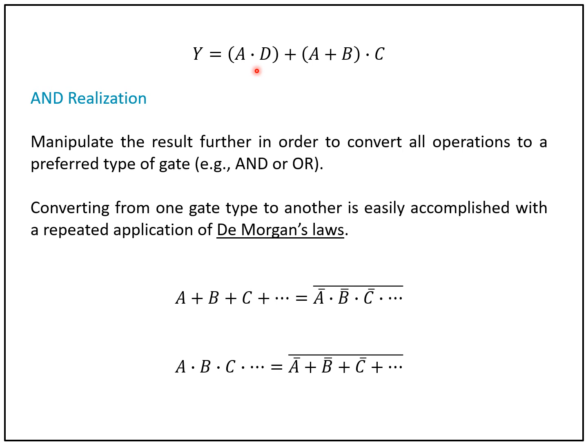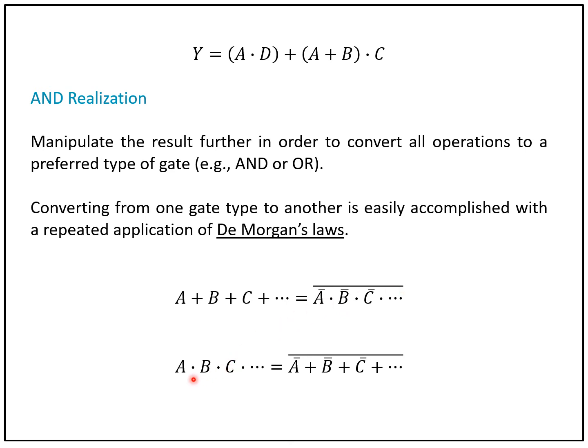Now, how do we convert from one kind of logic gate into another? This is usually done with De Morgan's laws. So, for example, if I want to change the OR logic gates here into the AND logic, this can be done by inverting each variable, so each one of these variables A, B, C, then interchanging the logic gate and then inverting the whole expression.